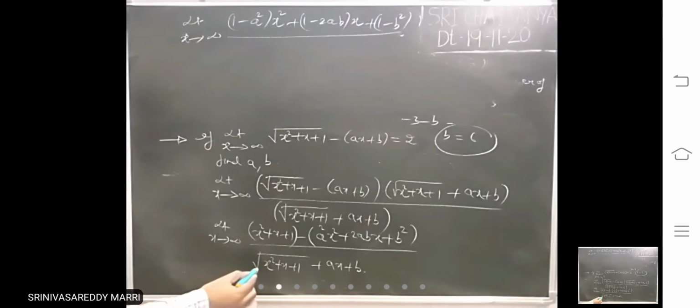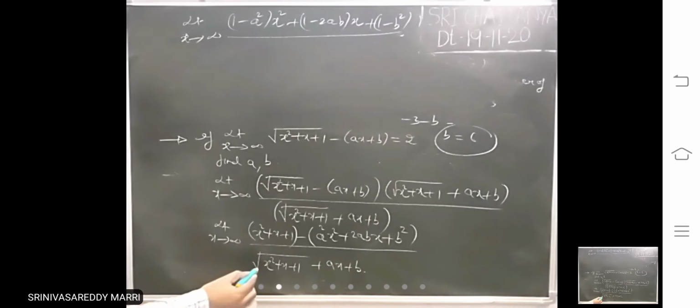So now x will get cancelled and the limit value is, this will become 0. So 1 minus 2ab divided by, this is 1 plus 0 plus 0, so 1 plus a. Then you will get a finite limit.